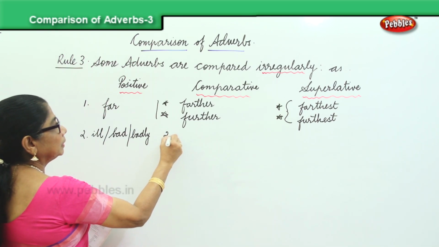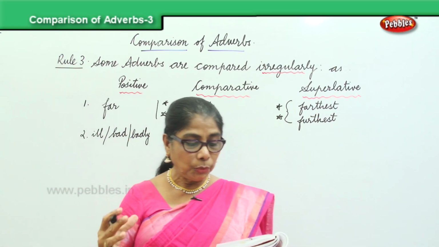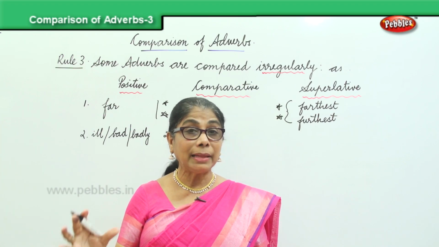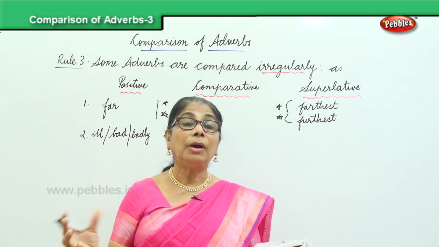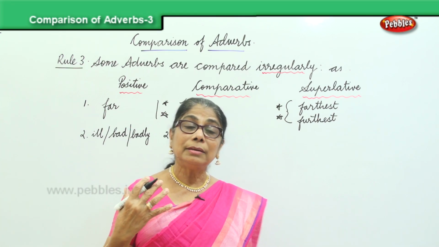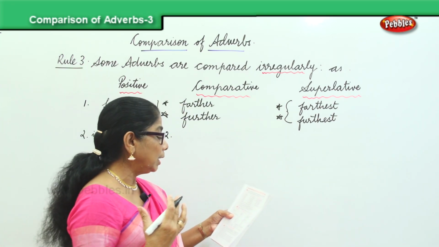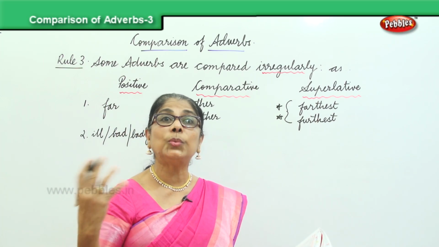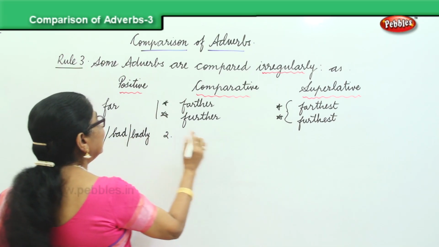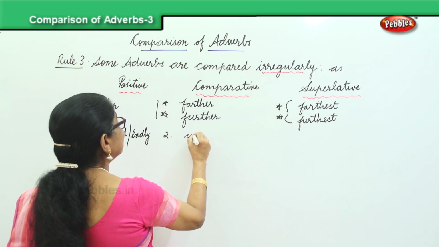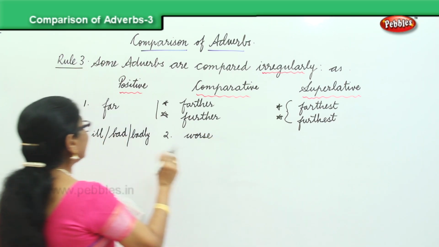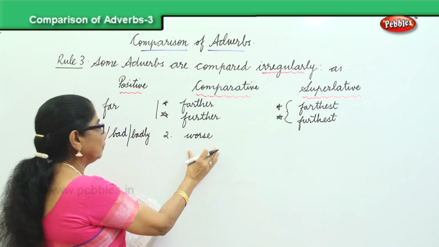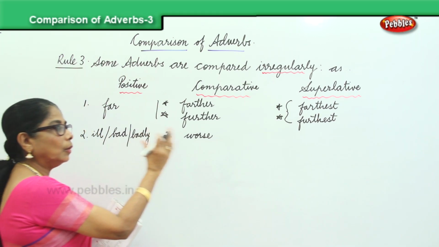In the comparative degree, you will say, my brother has fever, is ill now, is worse. My brother is ill, is worse than yesterday. He is bad. Yesterday he was bad. Today is worse. He is badly hurt. Now he is worse.